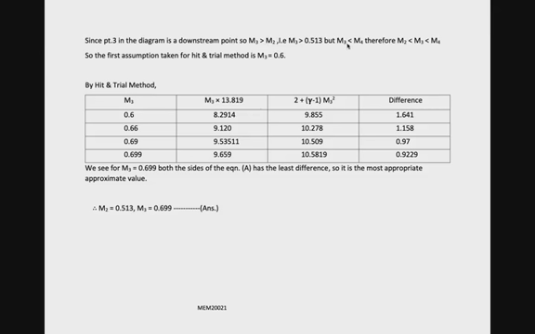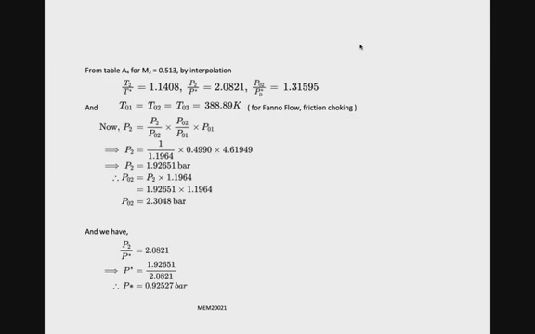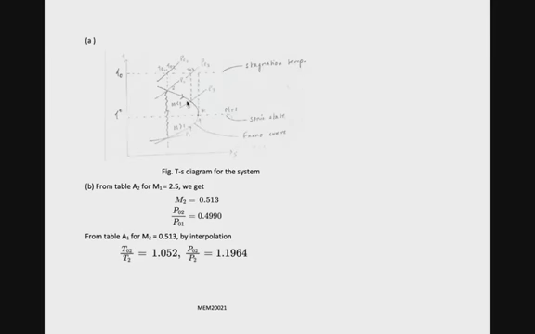But since M3 is less than M4, as you can clearly see from the diagram, this part is considered to be subsonic, so point 2 and point 3 will be in subsonic conditions and Mach numbers less than 1.